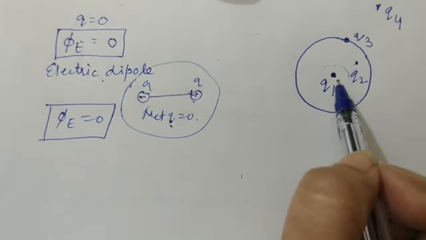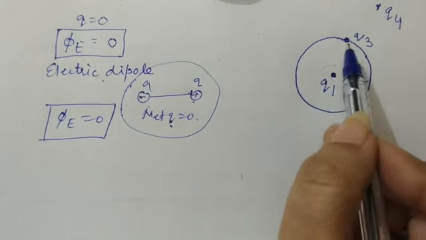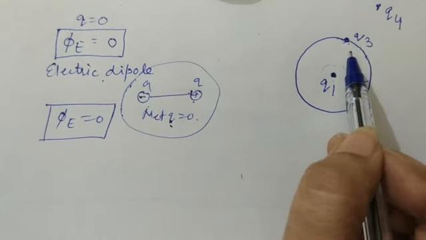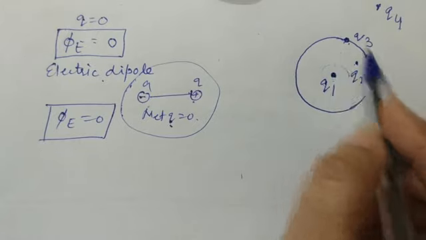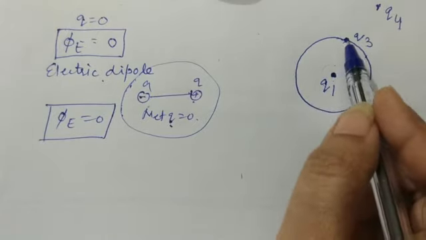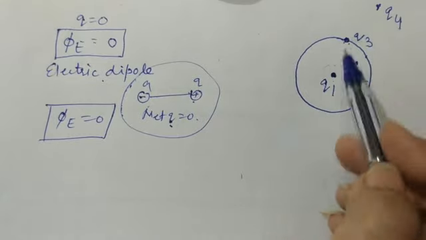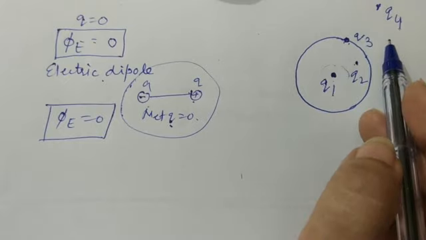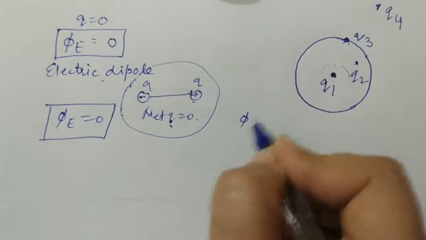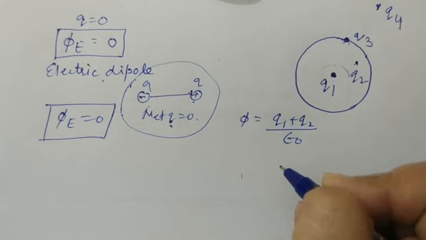That means we'll consider only Q1 and Q2 as enclosed charges because they are inside the surface. Q3, which is on the boundary, will not be considered as enclosed charge. Then Q4, because it is outside, is also not an enclosed charge. So if I have to write phi here, it will be Q1 plus Q2 upon epsilon naught.